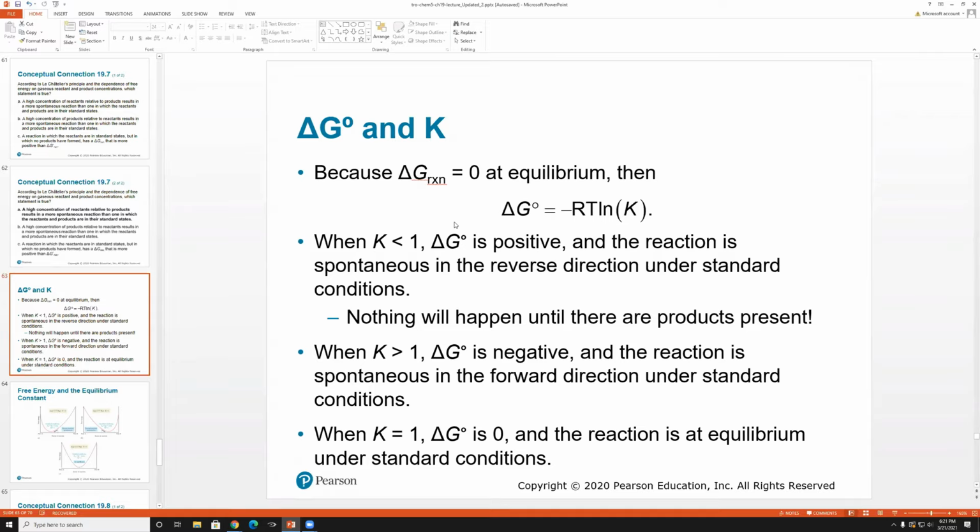So meaning nothing will happen until there are products, which is a lot of the reactions we've seen that only start with reactants. If K is greater than 1, delta G is negative, and the forward reaction is spontaneous. If K equals 1 and delta G equals 0, the reaction is at equilibrium.